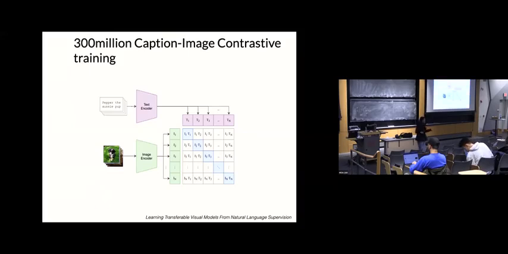So the training of this model is particularly simple. What you have as input is pairs of images and captions, okay? So what you're going to do is encode the image into a one-dimensional vector. So you have here a bunch of images, and these are the vectors for each one of them that you have in your batch.